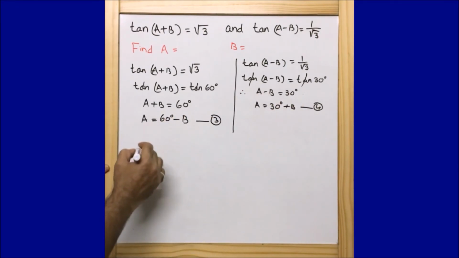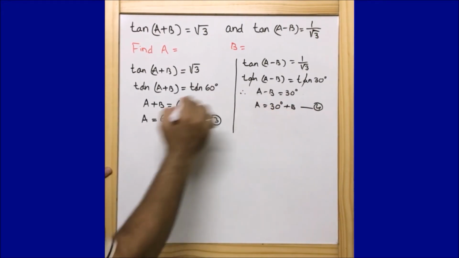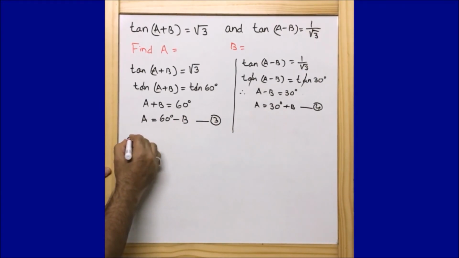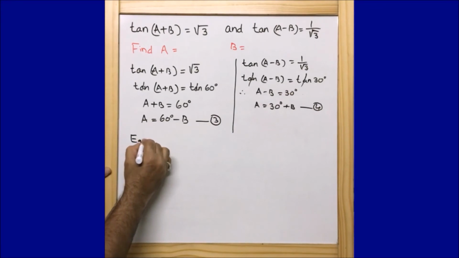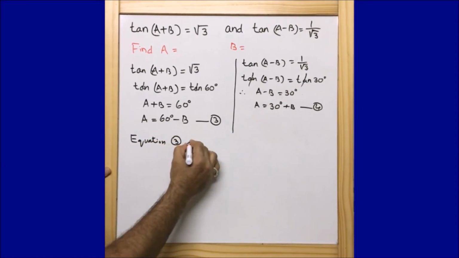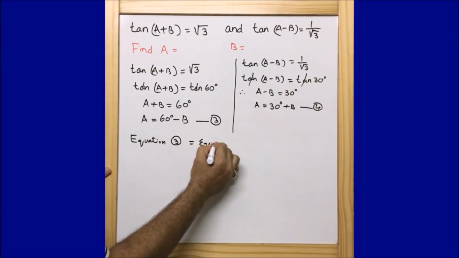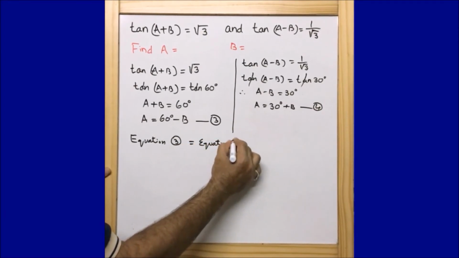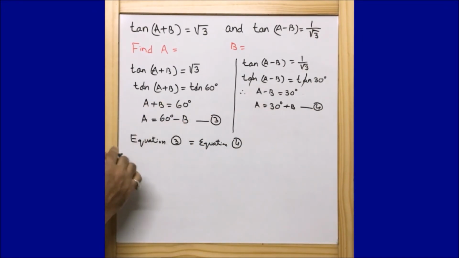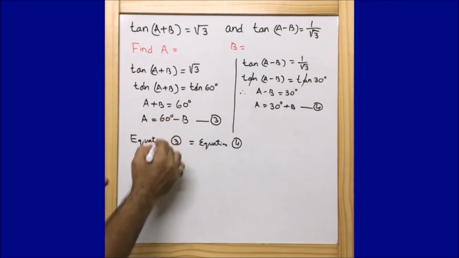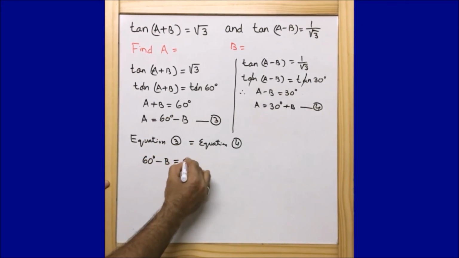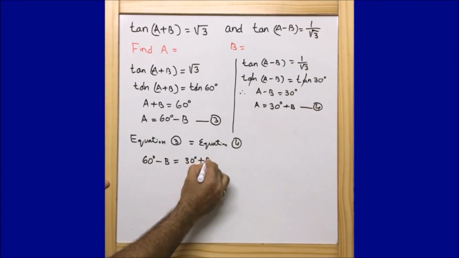That means equation 3 is equal to equation 4 because we got both the values of a. So in other words, I can write 60 degree minus b is equal to 30 degree plus b.